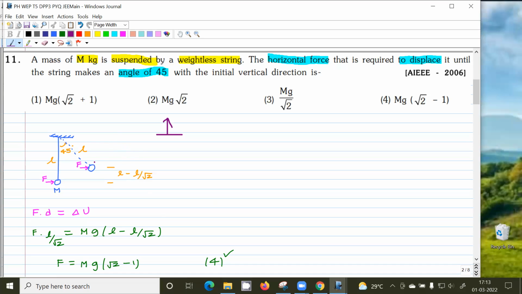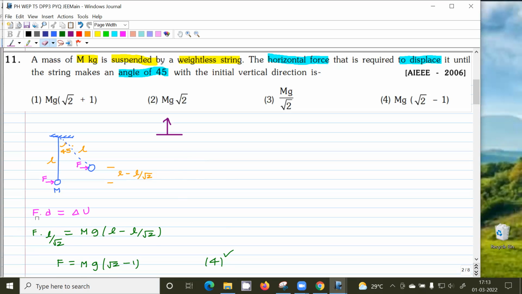So the energy of this point is more. What makes sense is the gain in height. The gain in height corresponds to gain in energy. So that gain in energy is the work done on the mass.